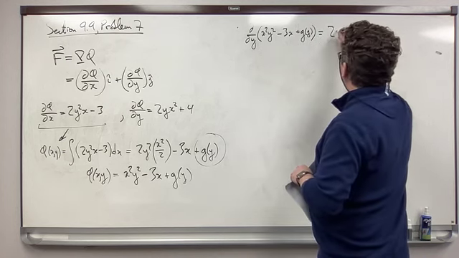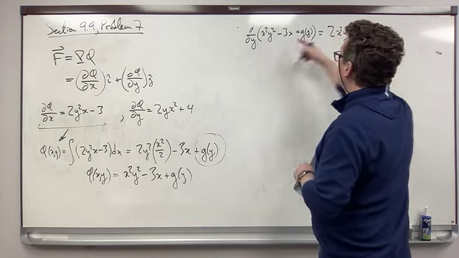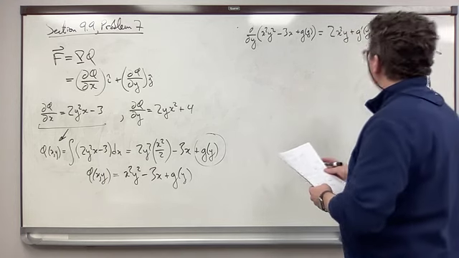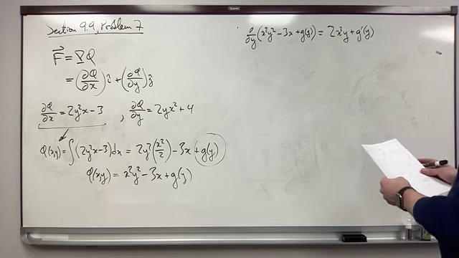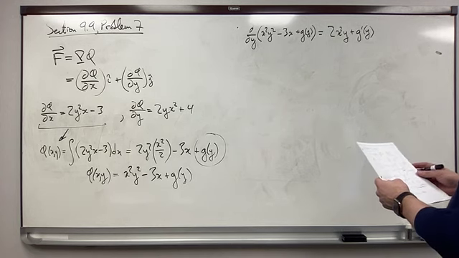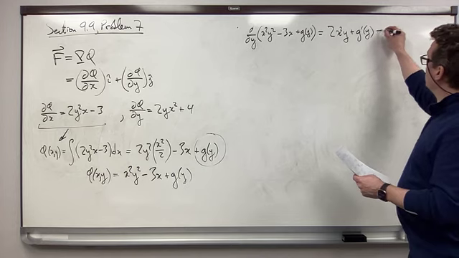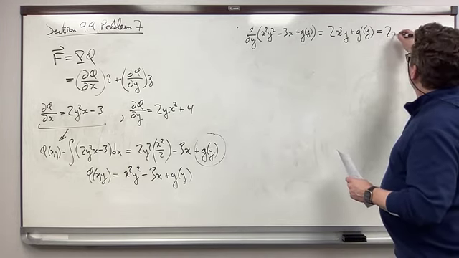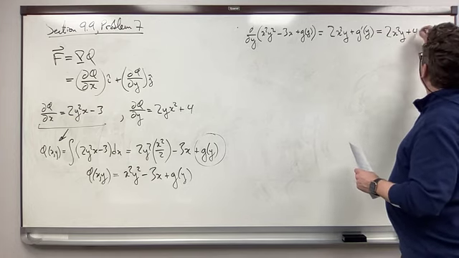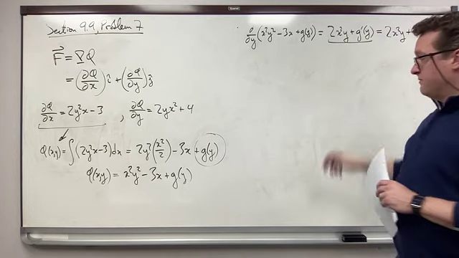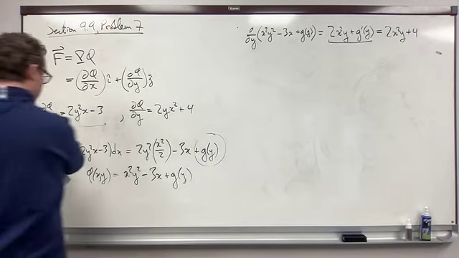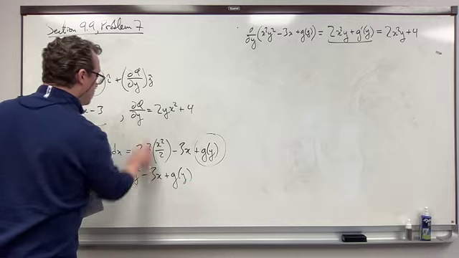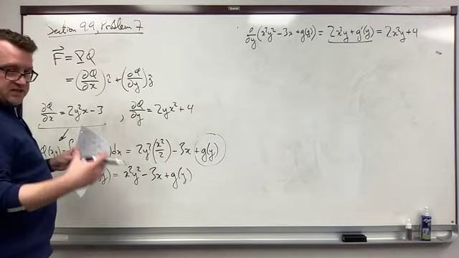So that becomes 2x squared y, that's 0, plus g prime of y. And that whole thing must equal this: 2x squared y plus 4. So this first part came from the solution I got from the x partial derivative, including this unknown function. I took its derivative with respect to y and set that equal to this. So now I've used the second equation.